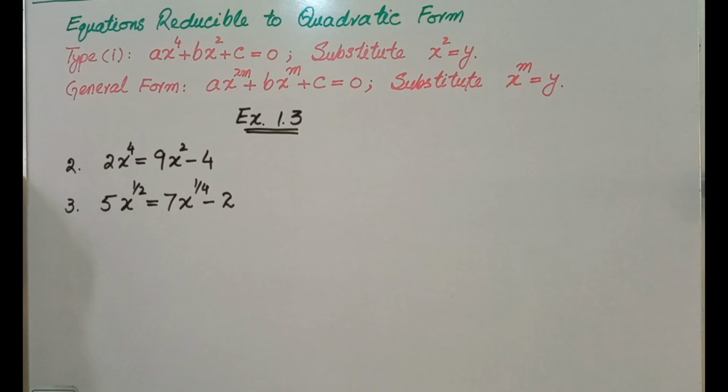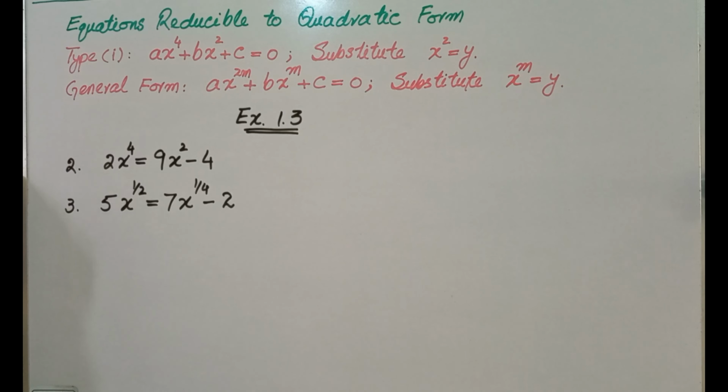Now you see that this is the standard form of a quadratic equation. I have already solved quadratic equations by the completing the square method and by the factorization method in other videos. The link is given in the description. So for example, if we apply the quadratic formula, which is given as y is equal to minus b plus or minus square root of b square minus 4ac, whole divided by 2a.